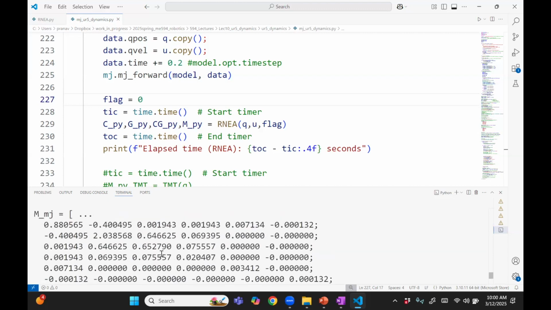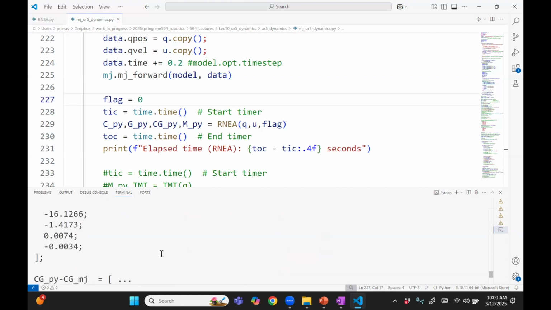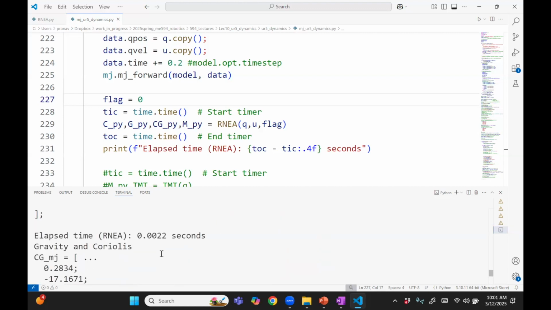So the 5 times speed up you get because you did not compute the mass matrix. So 2 milliseconds if you don't compute the mass matrix, 10 milliseconds if you compute the mass matrix. And why it's so expensive is because you did 6 calls to that forward-backward recursion to get the mass matrix.